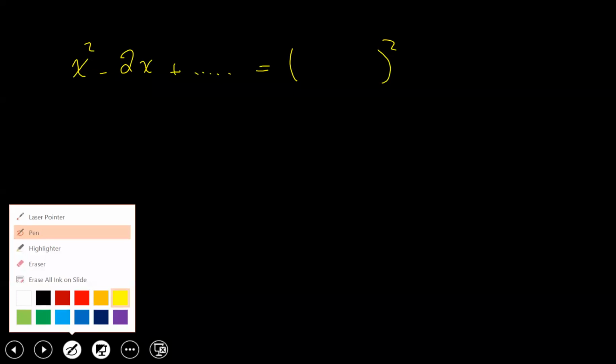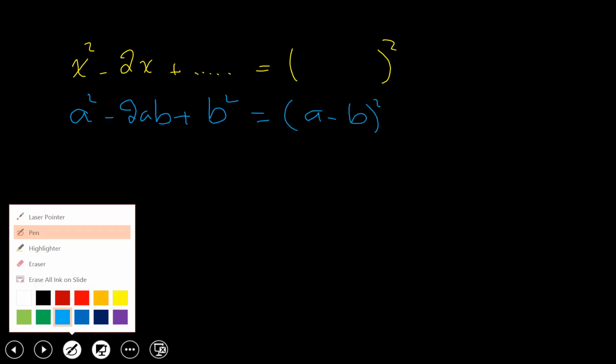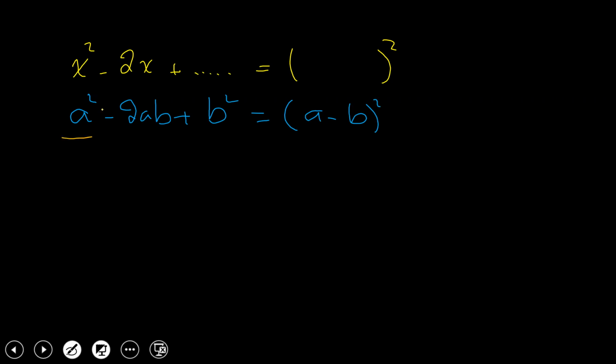As we know, this depends on the following rule, a squared minus 2ab plus b squared, which is equal to a minus b squared. So by comparing here, we get a squared is x squared.